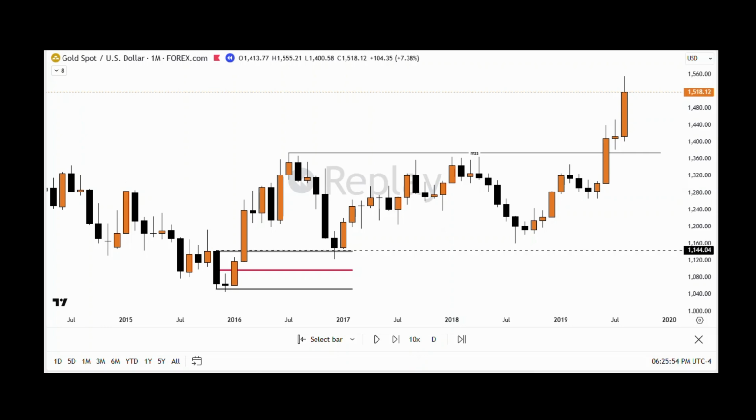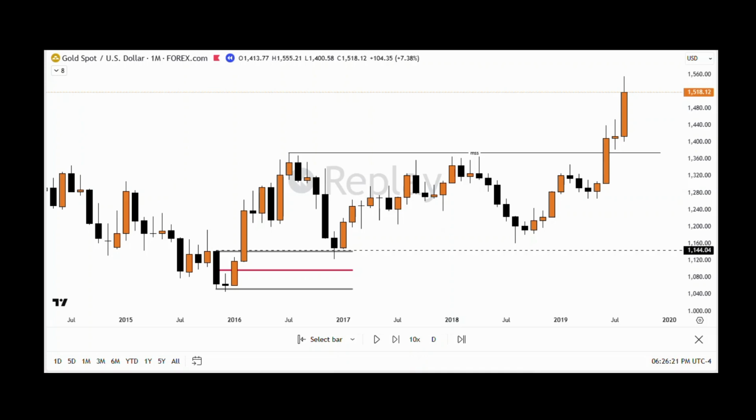What I'm going to explain is the three criteria that I use to identify an order block. I'm showing you gold historical prices on the monthly chart. The reason is simply because it's easier to spot an order block from a monthly time frame than from a weekly or even a daily.